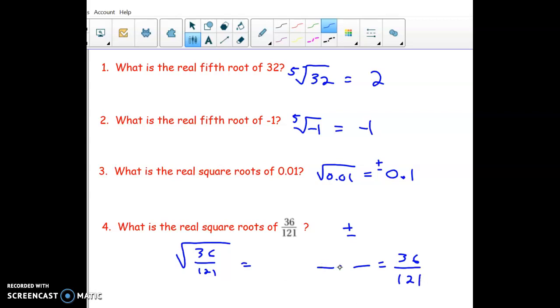So hopefully we can figure out what we need for the numerator is just 6 times 6. What we need for the denominator is 11 times 11. All right, so that means that we get plus and minus 6/11 as our answer here. Fraction times fraction. And because it's even and positive, we get two answers.